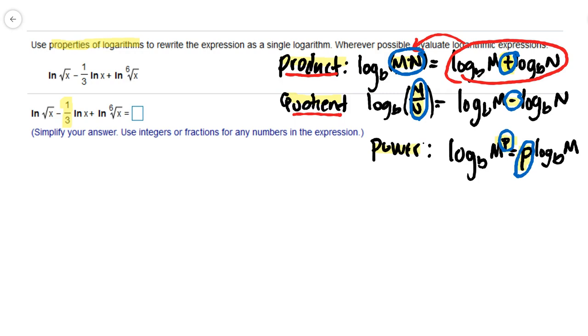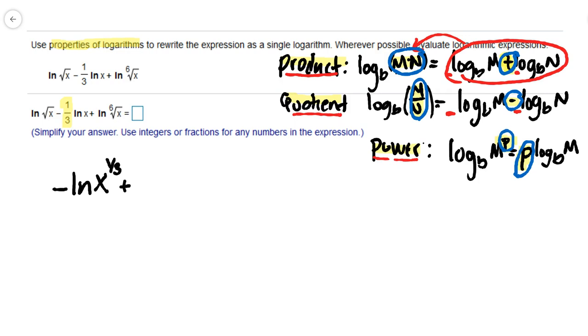You notice that none of the expressions next to the product rule or quotient rule have a coefficient on these numbers. So we have to take care of the power rule first. So the first thing I'm going to do is move that 1/3 into the exponent.